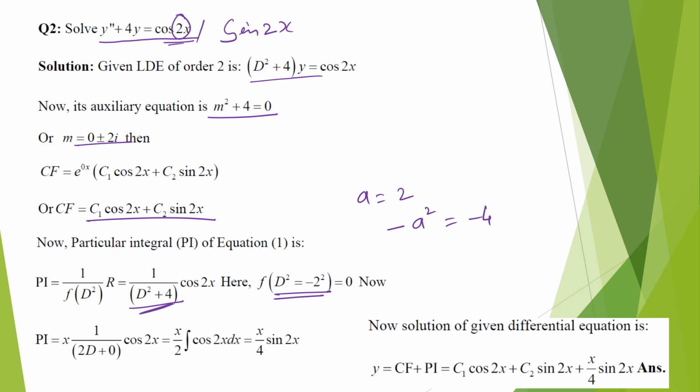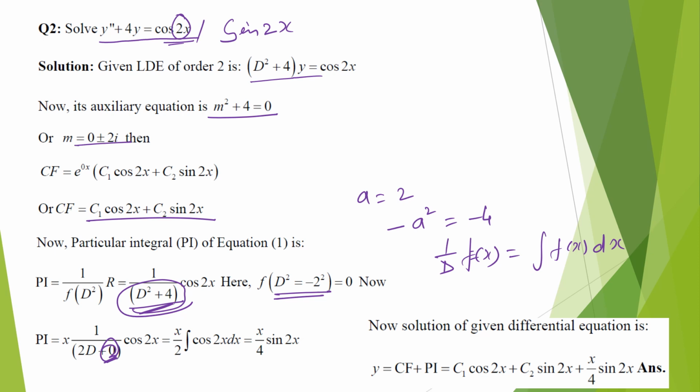Differentiating this denominator term d square plus 4 with respect to d, we get 2d, and differentiation of 4 is 0. So x over 2d, and 1 over d of a function of x is equal to the integration of the function f(x) dx.